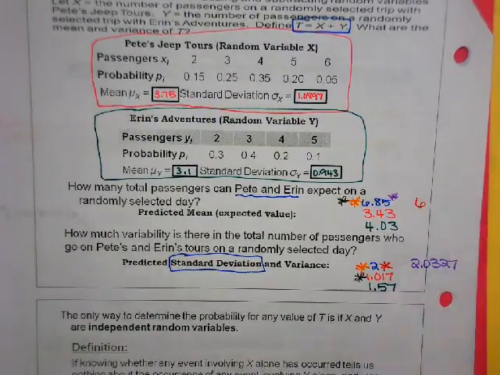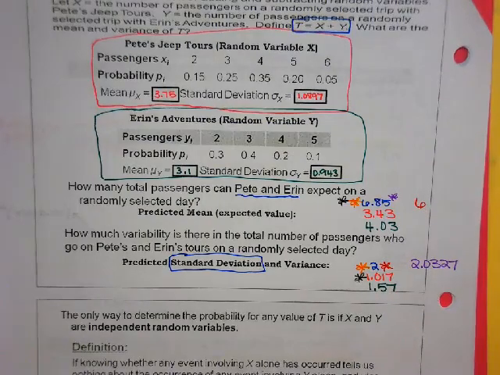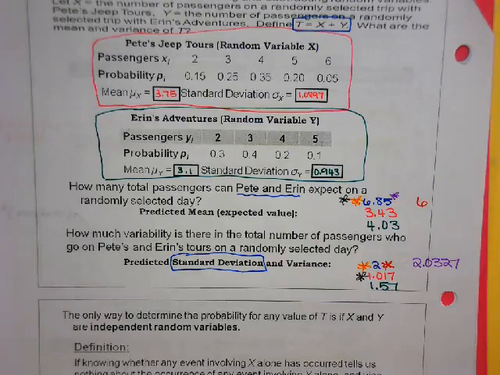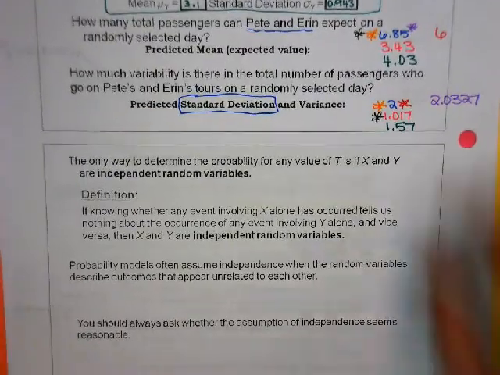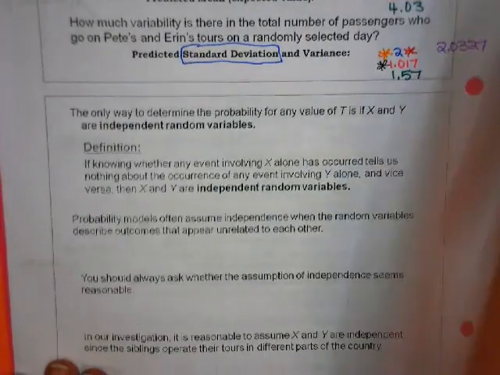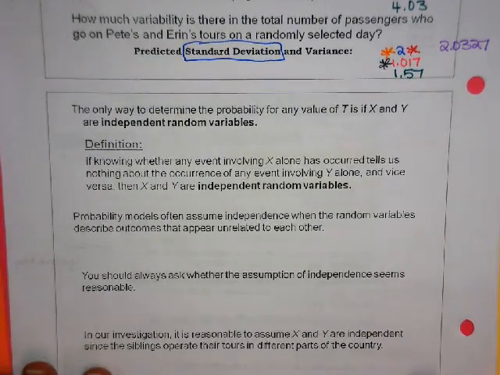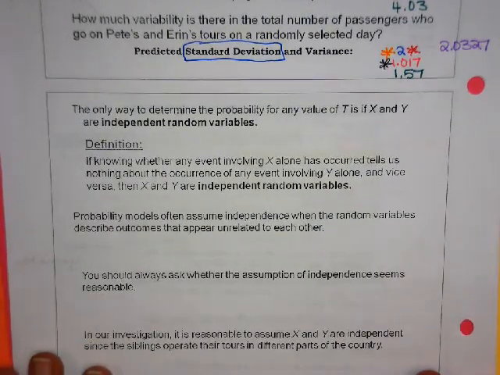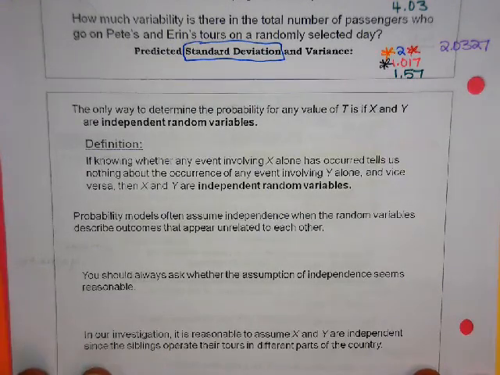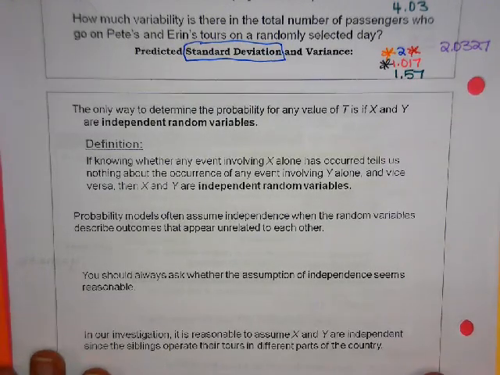So, in a minute, we will figure out if any of you are right. But first, a couple things we have to talk about. The only way that we can determine the probability for any value of t is if x and y are independent random variables. What does it mean to be independent? They're not affected by each other.